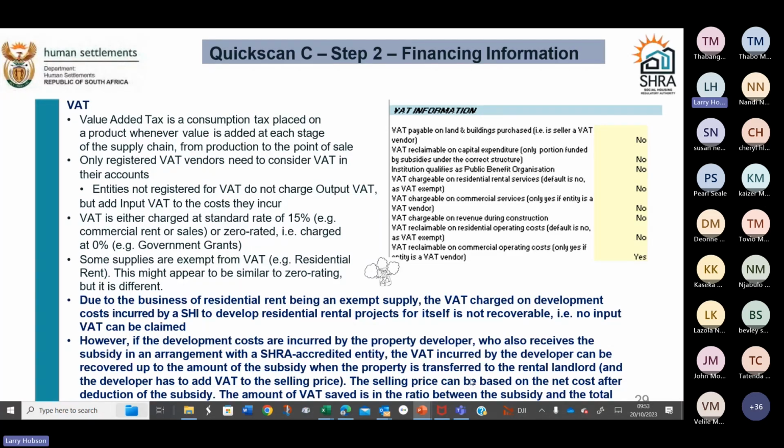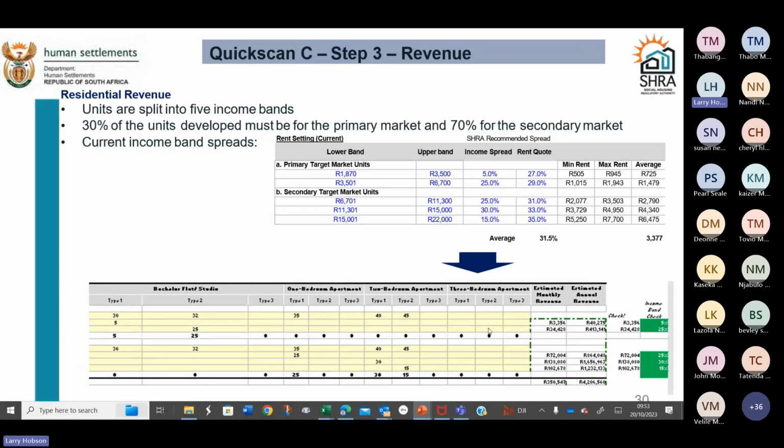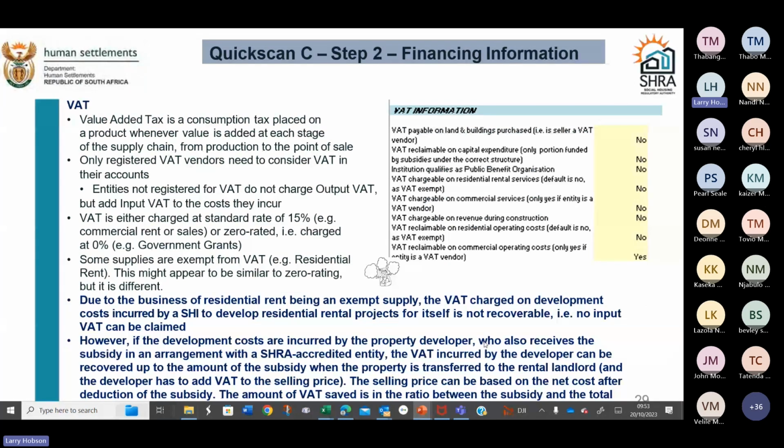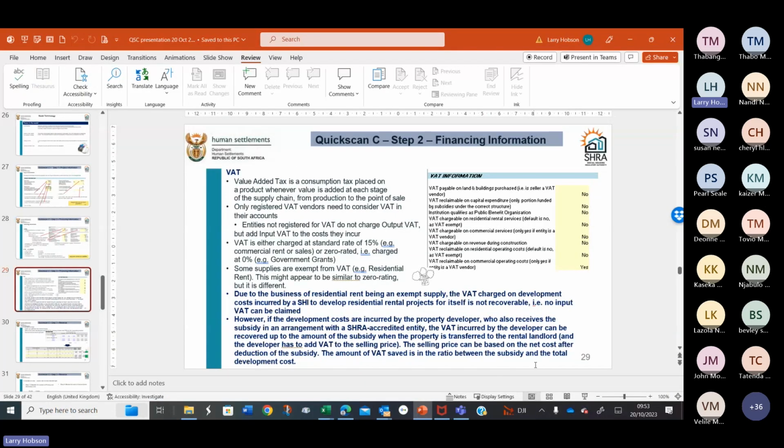The amount of the VAT saved is in the ratio between the subsidy and the total development cost.